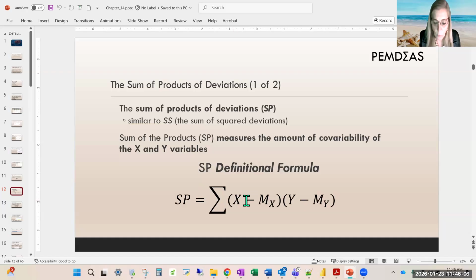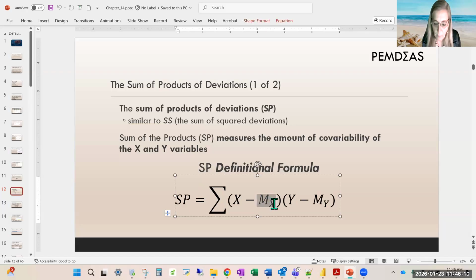We take all of the scores and we subtract the mean from them for the x variable, as designated by the little x here. And then we do the same for the y variable, and then we multiply them and then sum them all up. The last step, sum them all up.